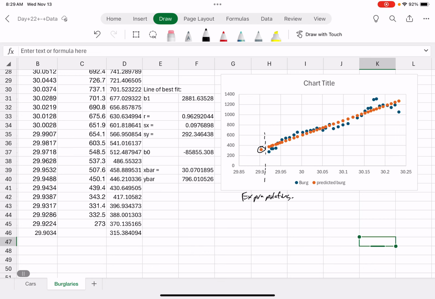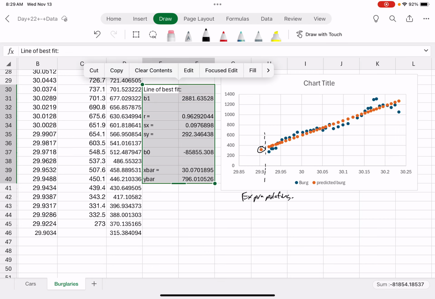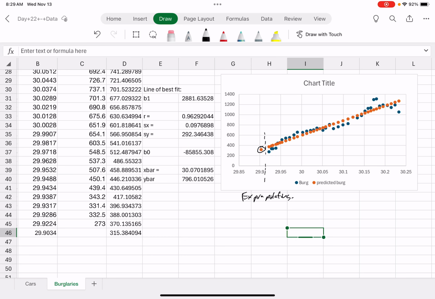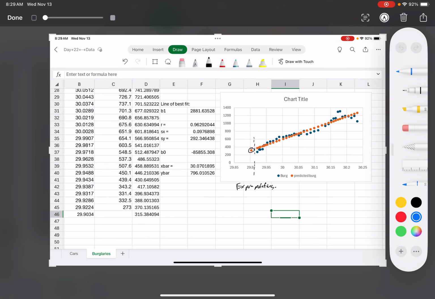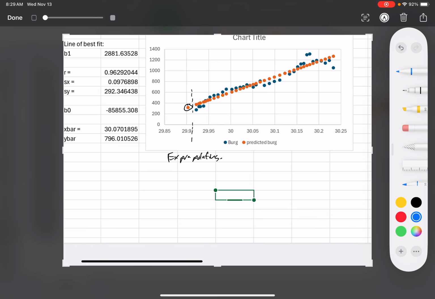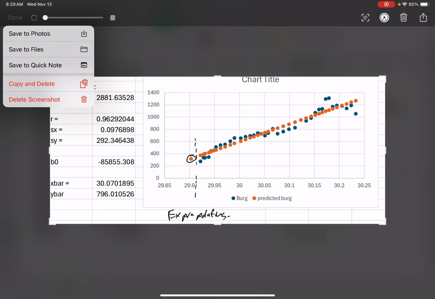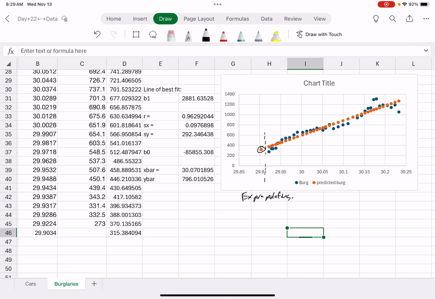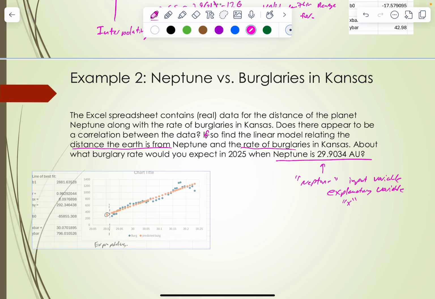All right. Okay, let's go ahead and do the same thing we did before. Let's grab this information right here with a screenshot, actually. Let's just take this whole thing, the line of best fit, and that whole plot as well. Done. Copy and delete. Go back to Notability. Throw that right there. All right.